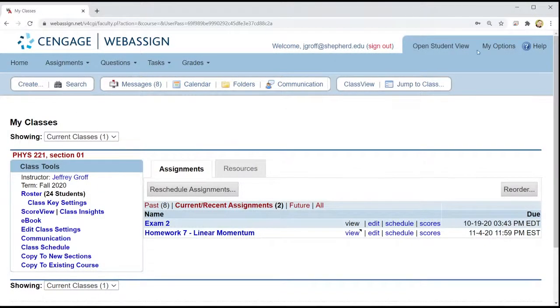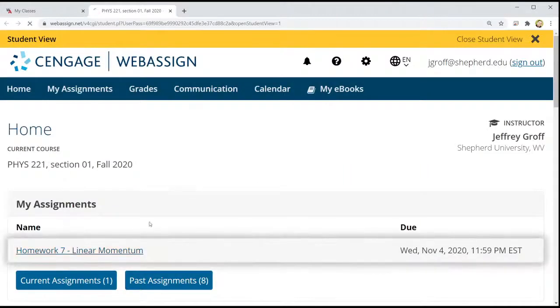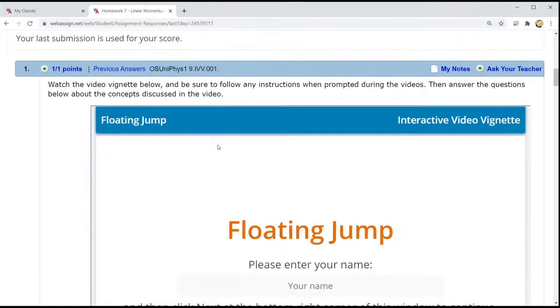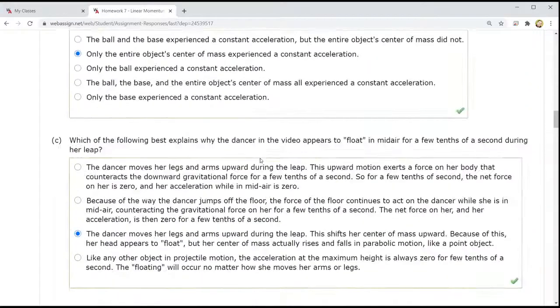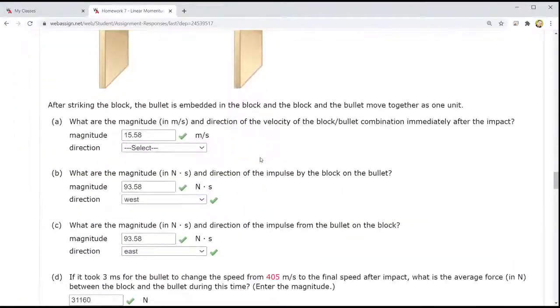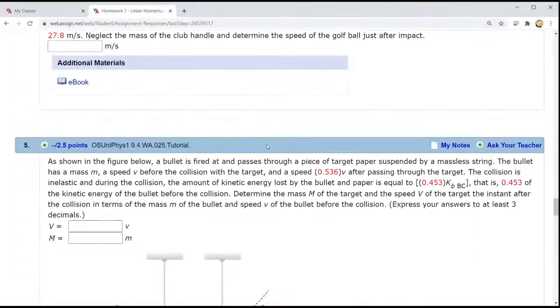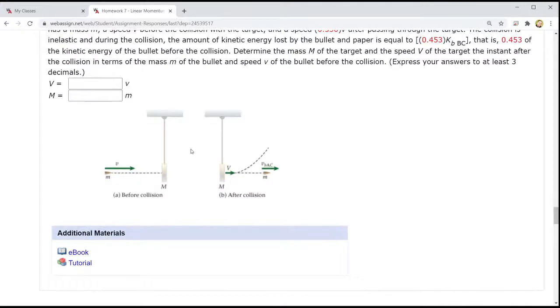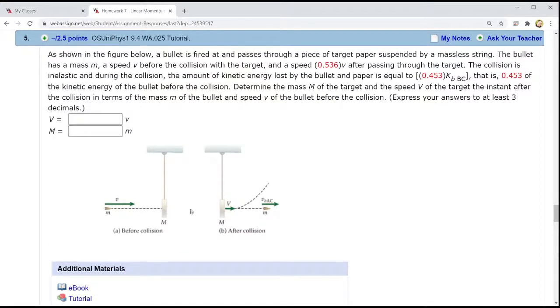There is a problem here with a tutorial that helps you work through it, which we can call a modified ballistic pendulum experiment.